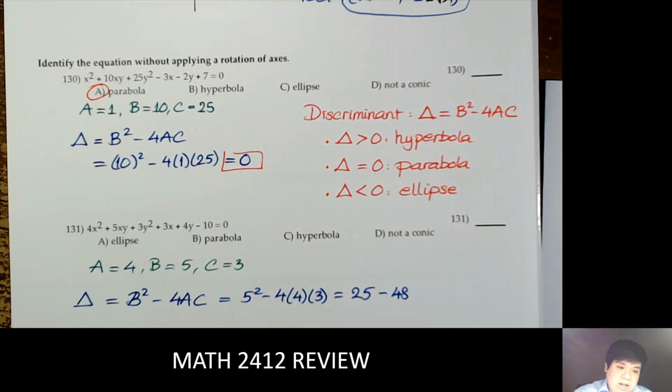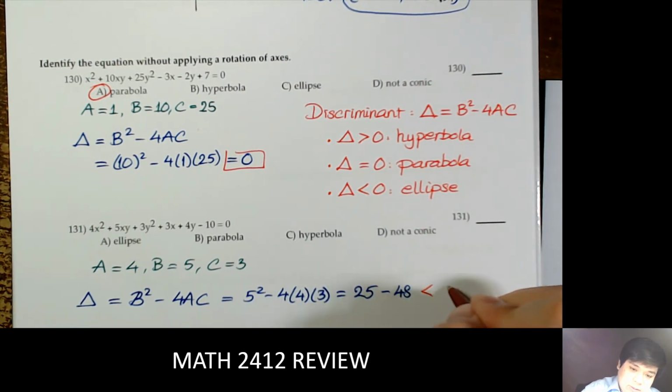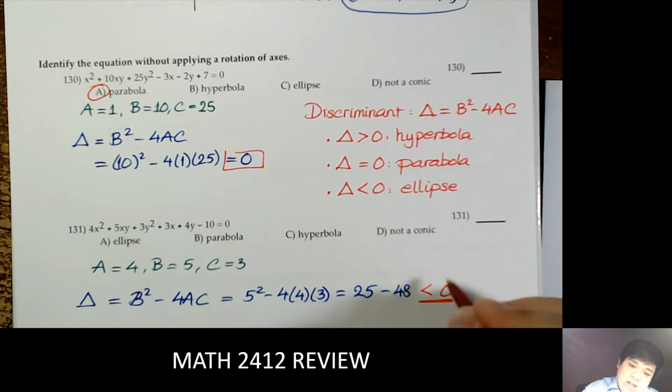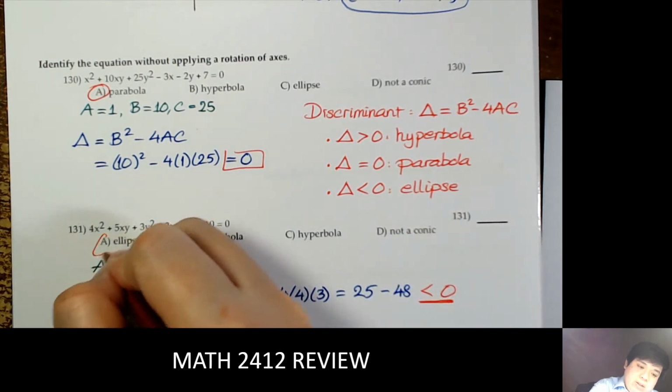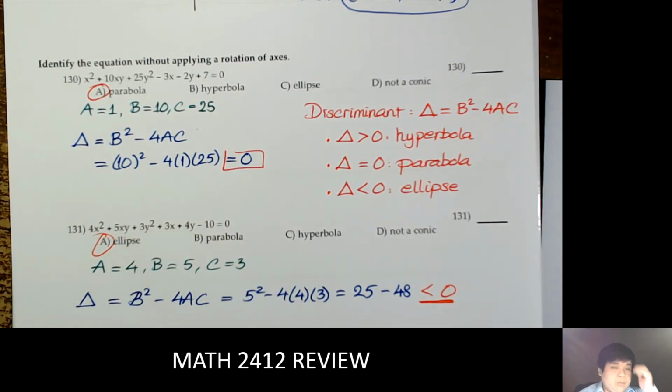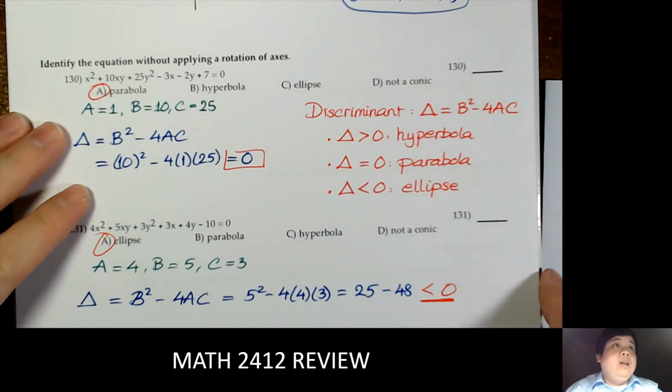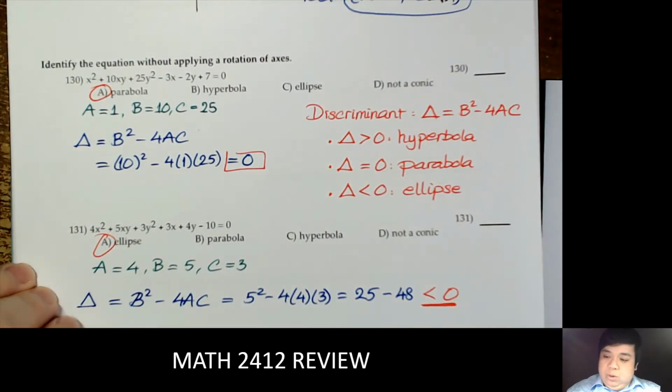So this is negative. And if it's negative, it's going to be an ellipse. Right. So that's all we do there.